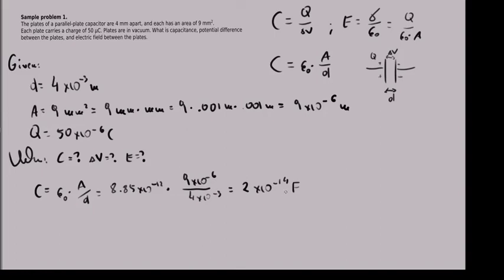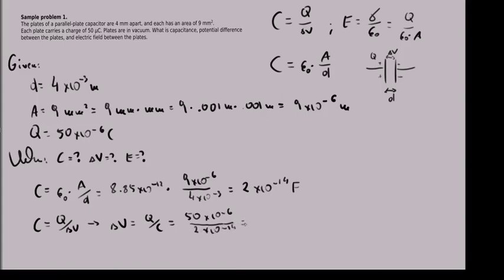Okay, so we have one thing. Now we can calculate the voltage, because I can use this equation, C equals Q over delta V, which I can transform into delta V equals Q over C. Now Q is 50 microcoulombs, this divided by what I just got, capacitance, 2 times 10 to the minus 14.